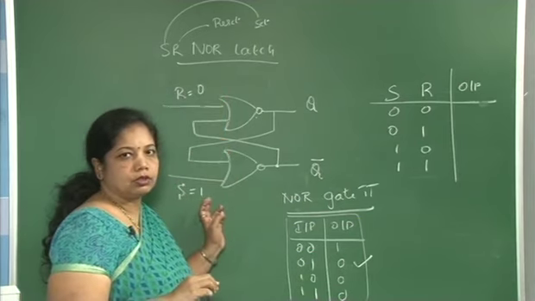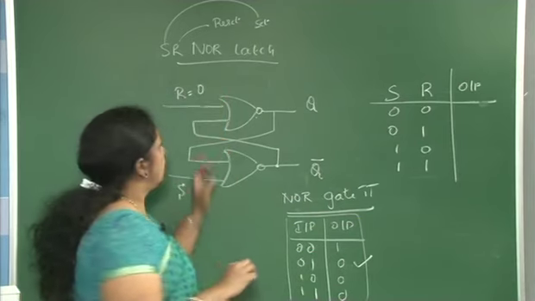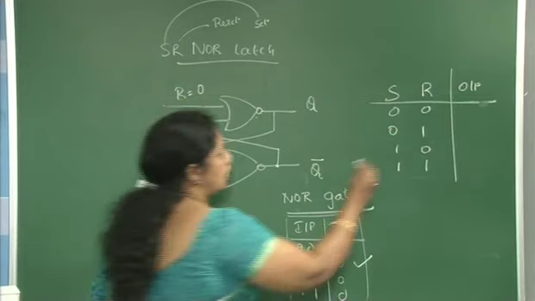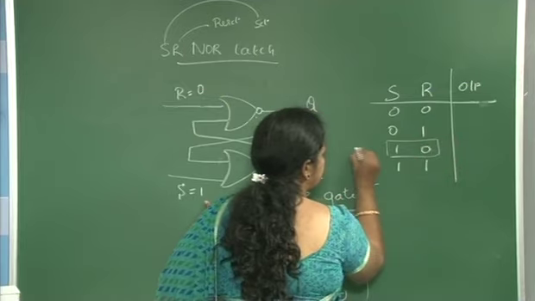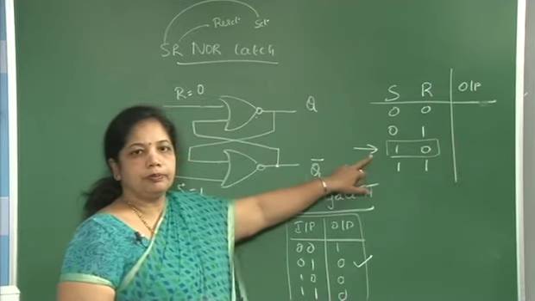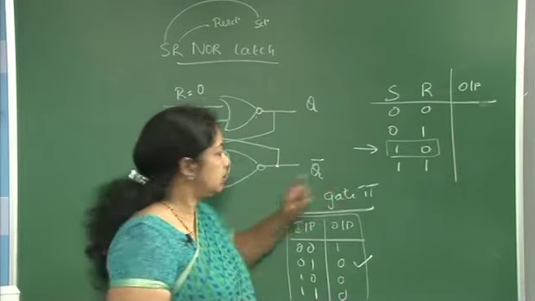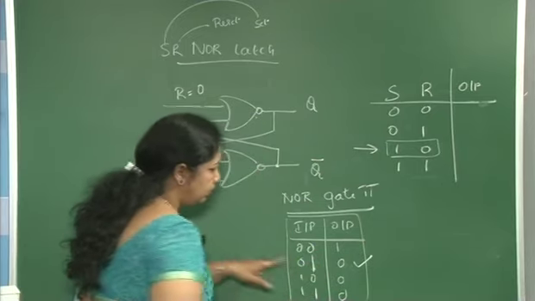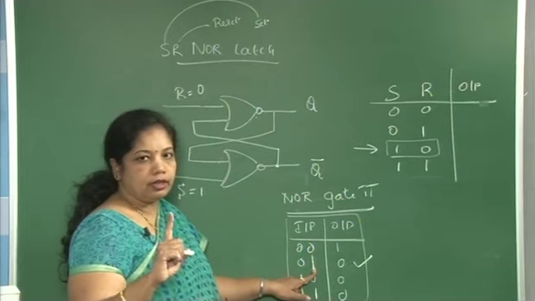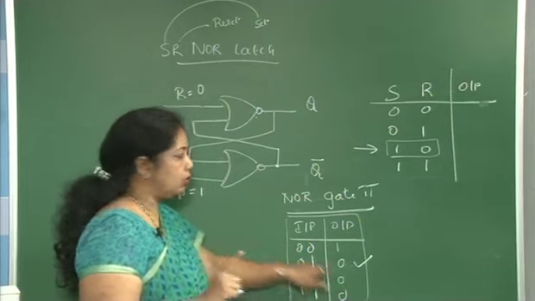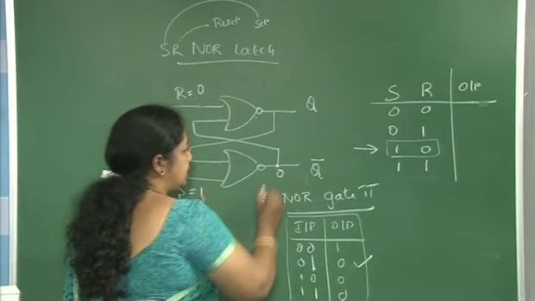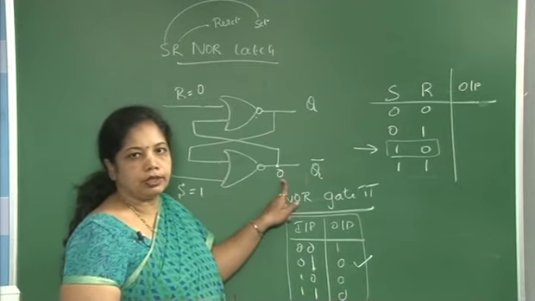We are discussing this combination. As we discussed, if any of the input to the NOR gate is 1, then my output is 0. My input over here is 1, so obviously my output will be 0 here.